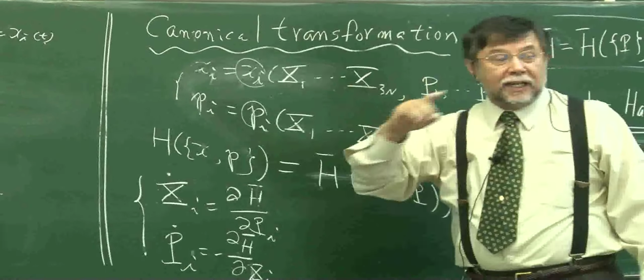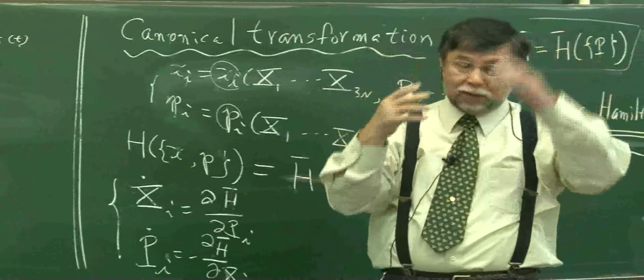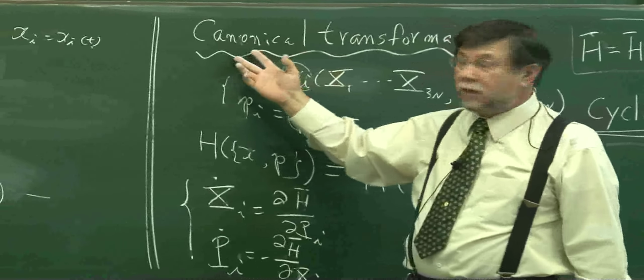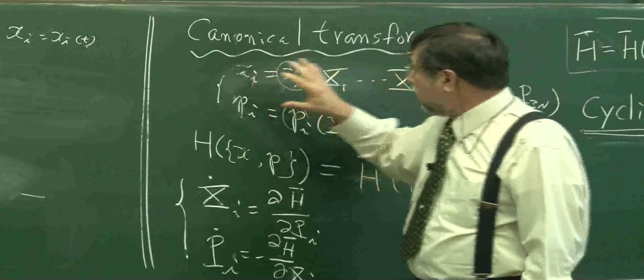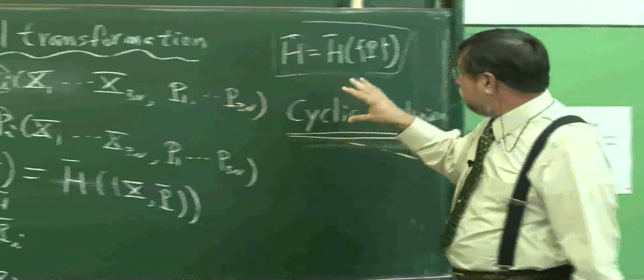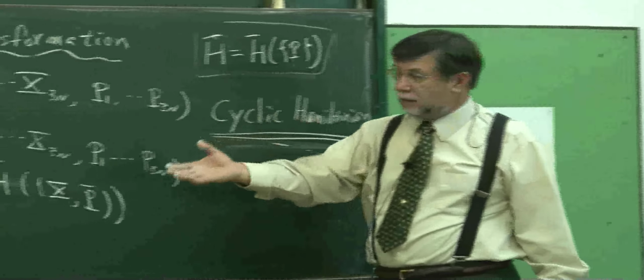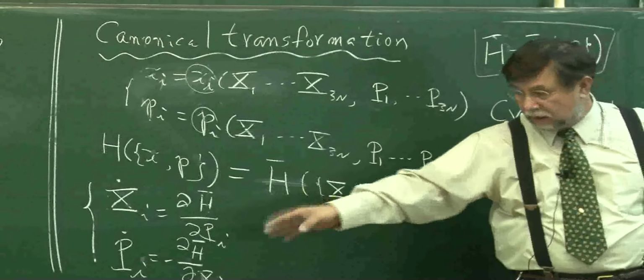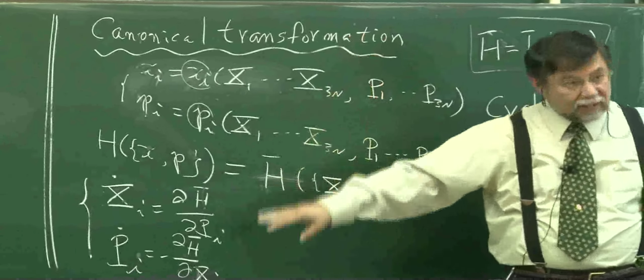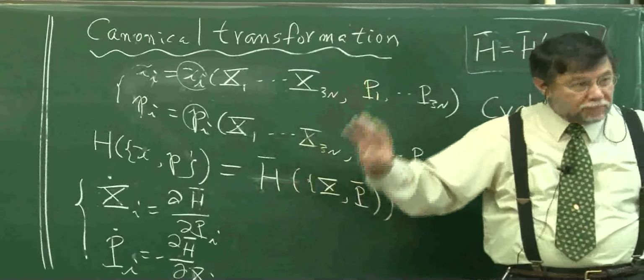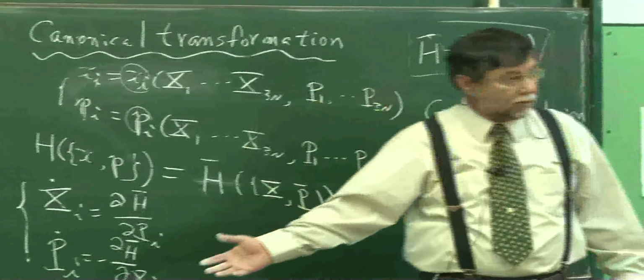And by a very clever method, often you try to make a variable cyclic by the canonical transformation. If you can find it, you can find the invariant of motion, and through the invariant of motion, you can solve the equation of motion.